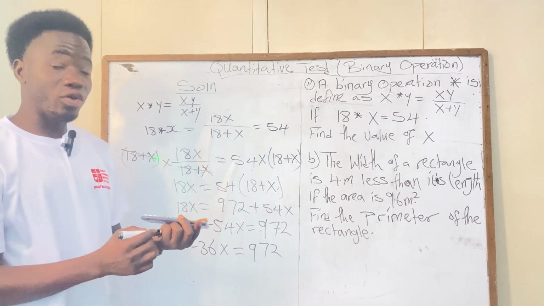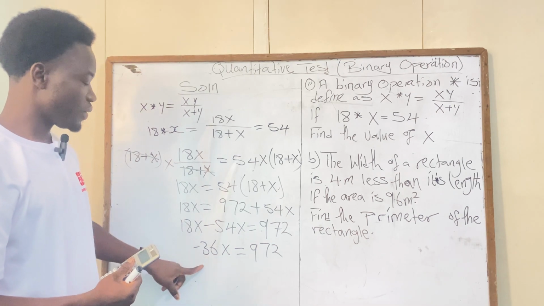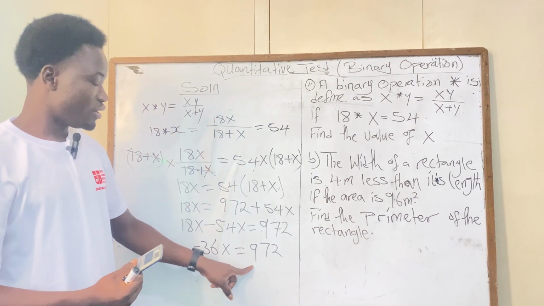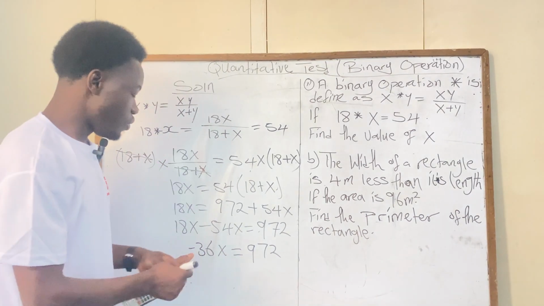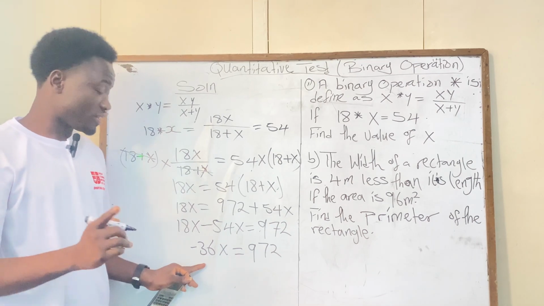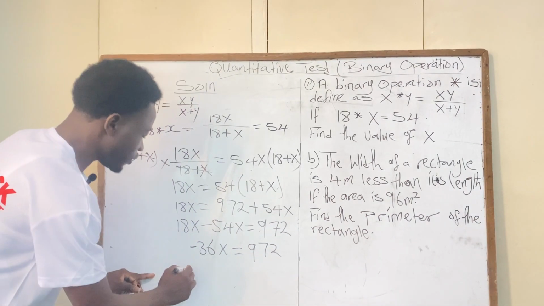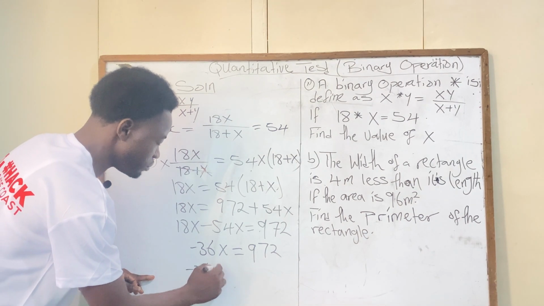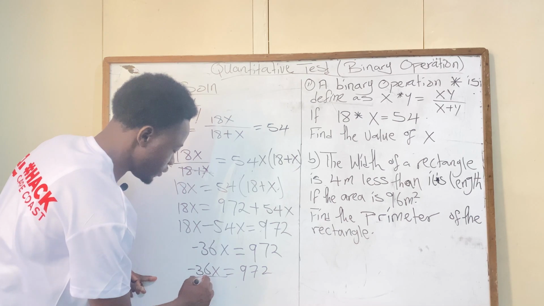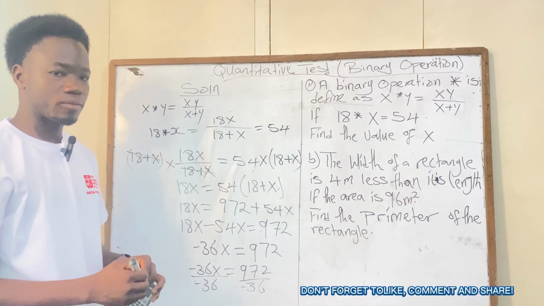Now we are looking for the value of x, so we have to divide here by the coefficient of x, which is negative 36, and divide here by negative 36. Note, most of us will just quickly divide it from here, but if you do, you're going to lose marks for this step. So I'm going to rewrite this same step before doing my division. So divide by negative 36, and divide by negative 36.